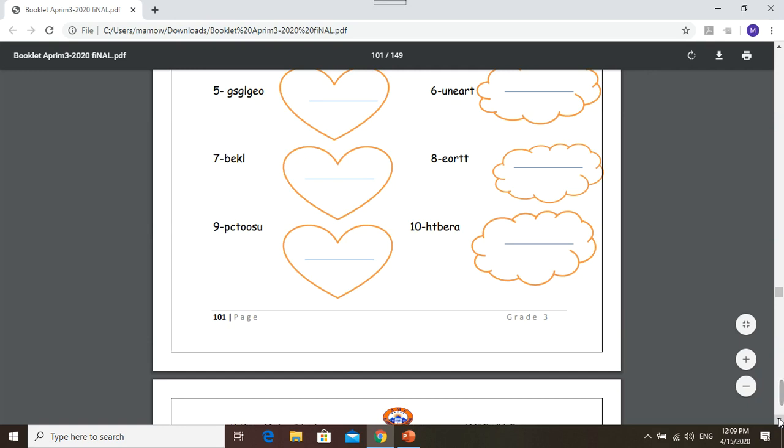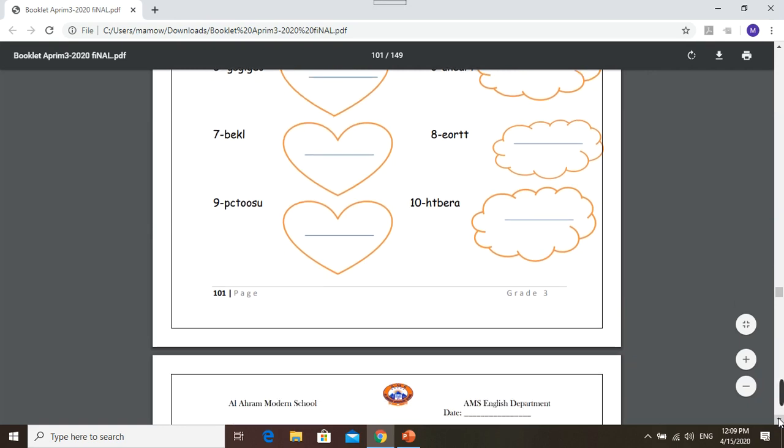When you breathe, you take the air out of your body and take the oxygen for your body, so it's called breathe. You breathe, and the noun of it is called breath.